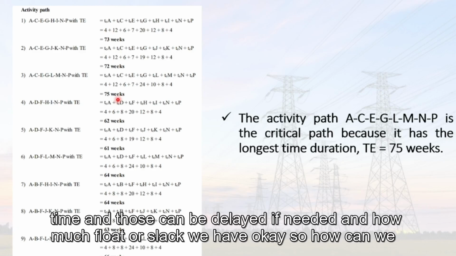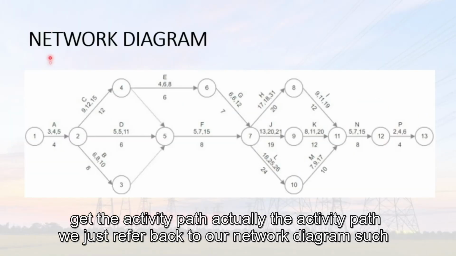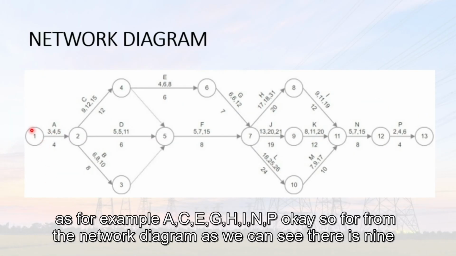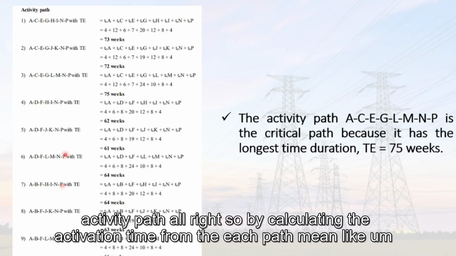So how can we get the activity path? We just refer back to our network diagram, for example A, C, E, G, H, I, and P. From the network diagram, as we can see, there are 9 activity paths.